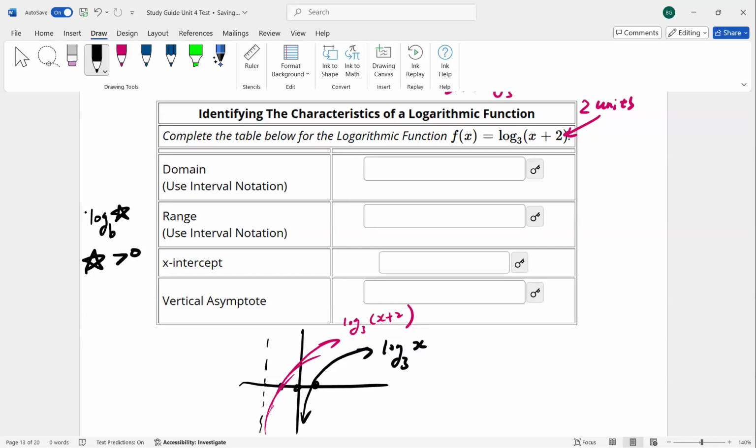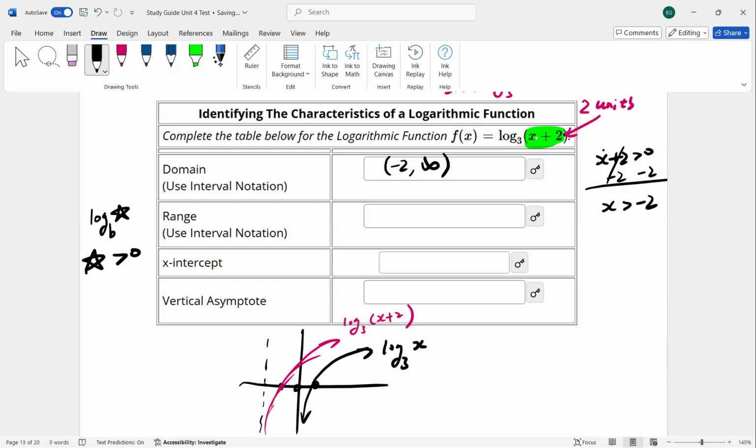Cannot be 0, cannot be negative, has to be positive. The argument of this function is x plus 2. So we have to make x plus 2 bigger than 0. Minus 2 from each side of the inequality, we have x is bigger than -2. And that's the domain, okay? It is from -2 to positive infinity.